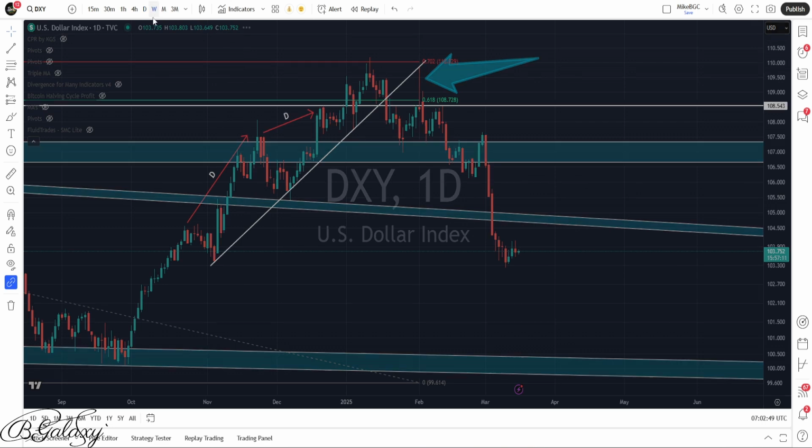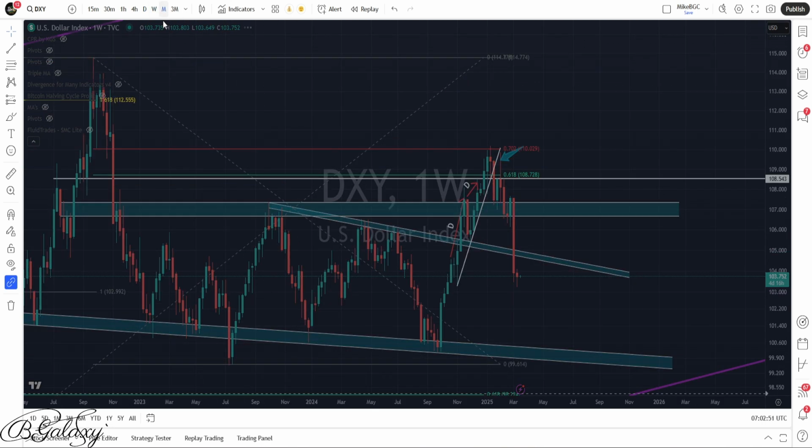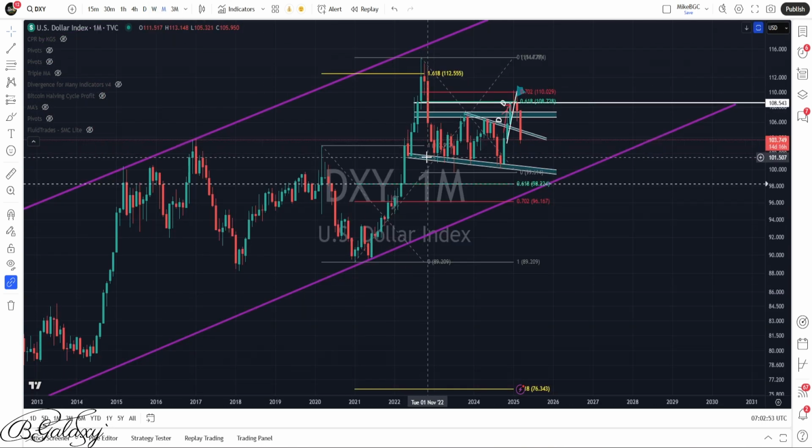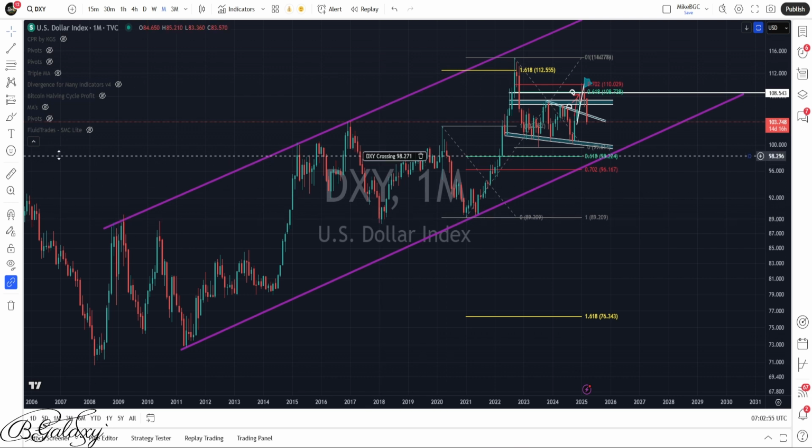If we go on the weekly time frame and monthly time frame, I'm expecting a continuation to the downside for dollar index until we reach about this area, which is the purple line I have in here. This is going to be very strong support for dollar index in my opinion.